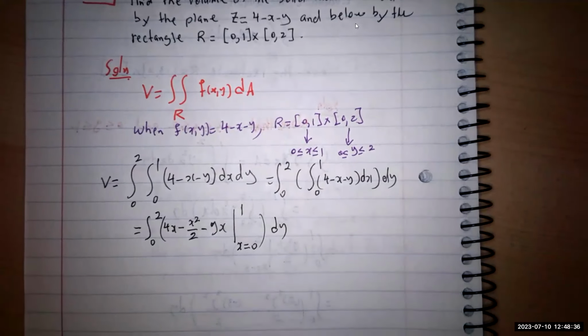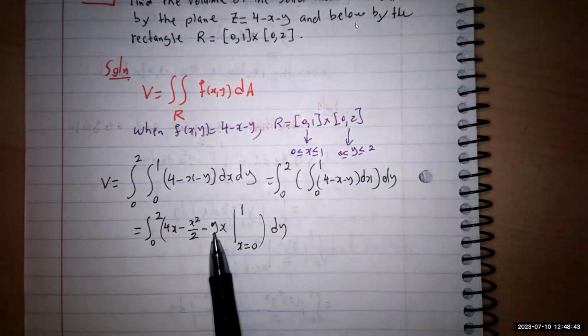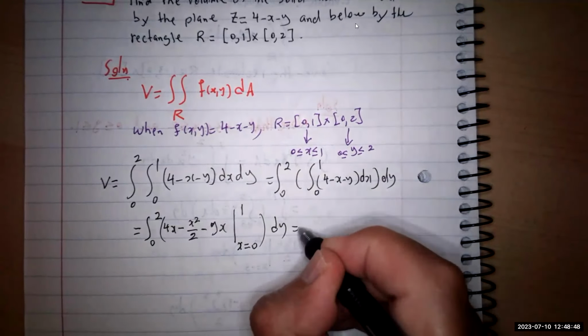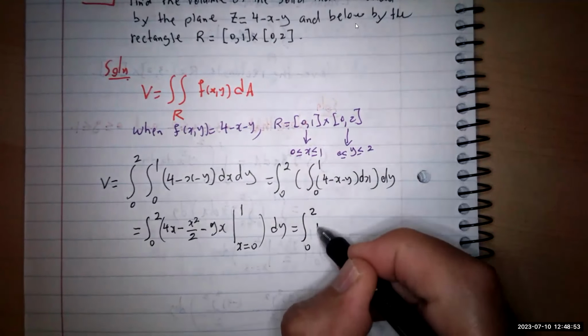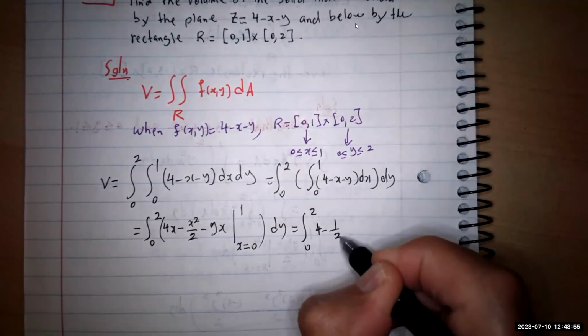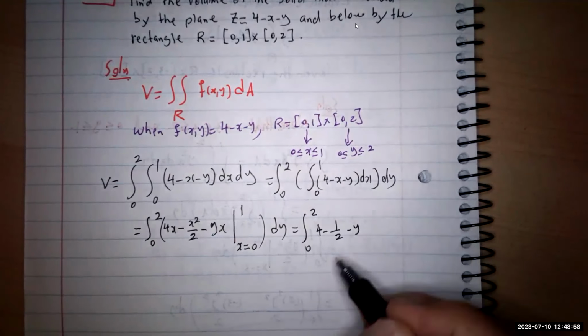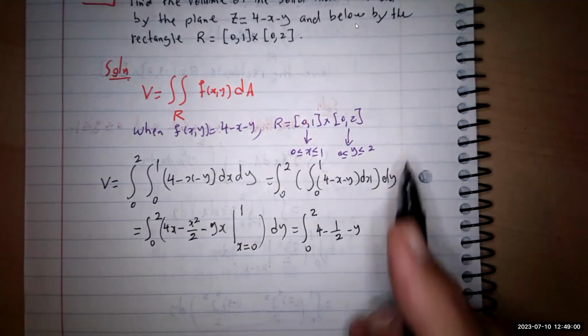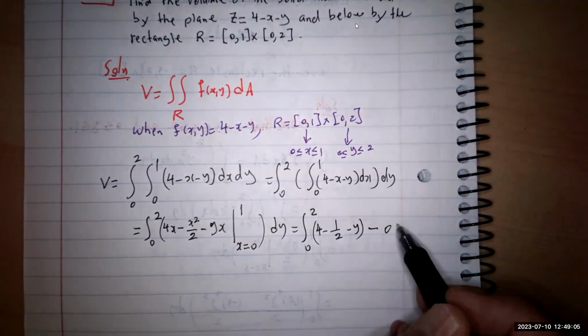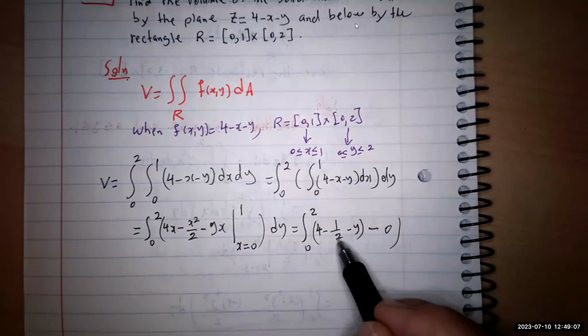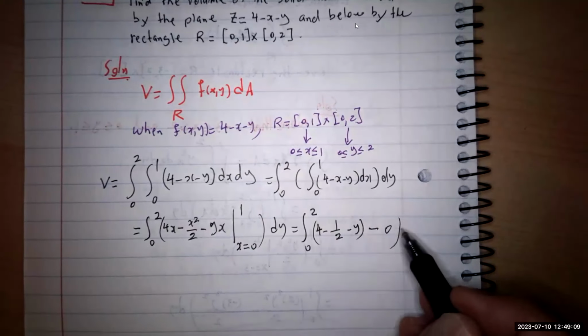Substitute x equal to 1. That gives 4 minus 1/2 and y, and if you put in 0, all of them would be 0. So it's going to be the integral from 0 to 2 of 4 minus 1/2 minus y, everything else is 0, minus 0, and then dy.